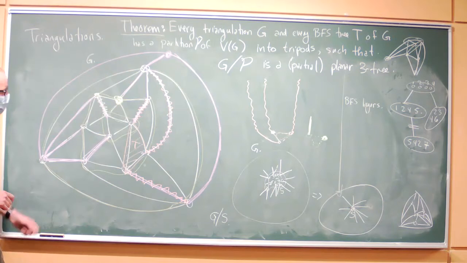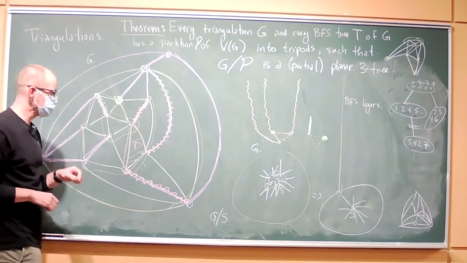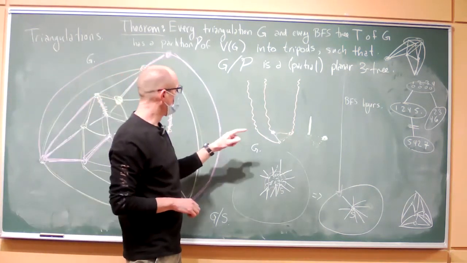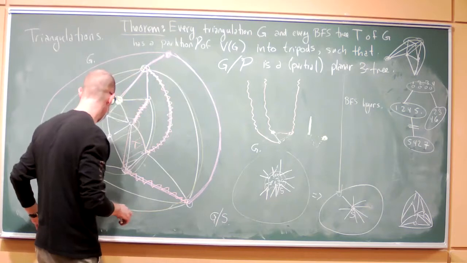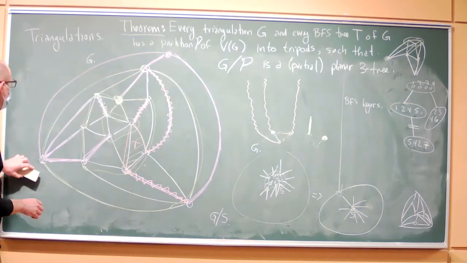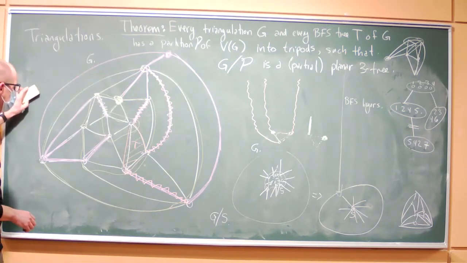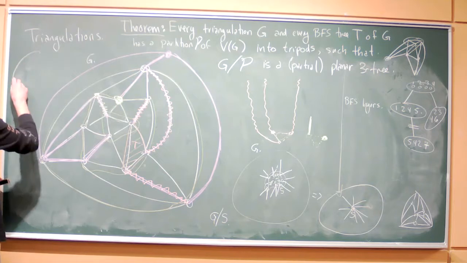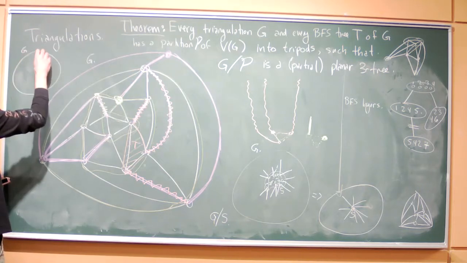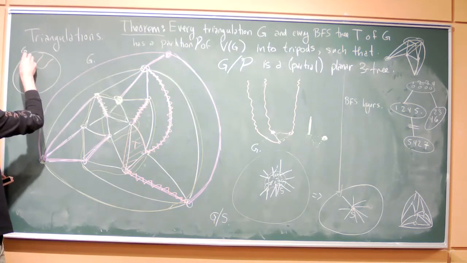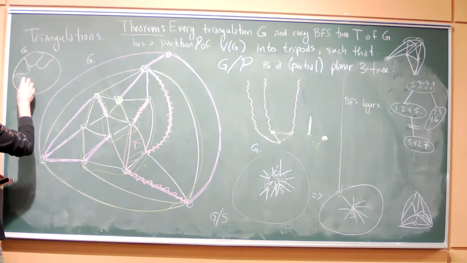But here we're not talking about one set of vertices. We're talking about a whole partition of the vertices. So the picture looks more like this. I have G. I have a whole bunch of sets of vertices.